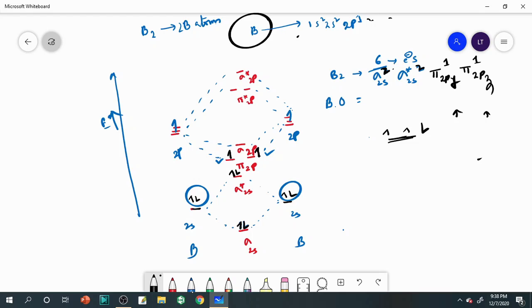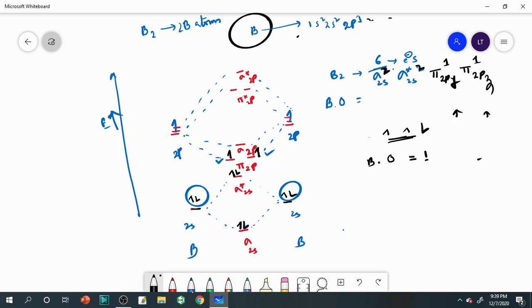Now, you try to calculate the bond order. How many electrons are present in the orbitals having the asterisk sign, that is, in the antibonding molecular orbitals? It is only sigma star that is antibonding, and all others are bonding molecular orbitals. 2 are pi bonding, and the remaining is the sigma bonding molecular orbital.